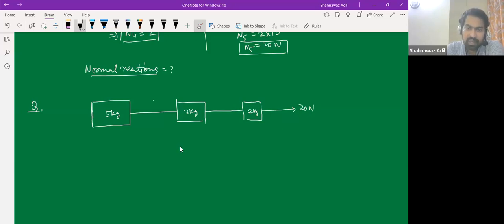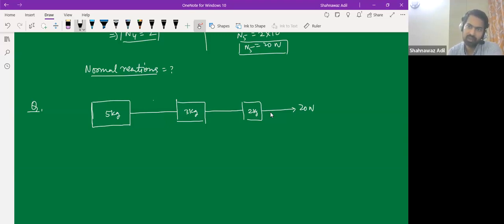If these strings are inextensible, then what can we say about the acceleration? I have already told you guys that whenever we have inextensible string, what can you say about the acceleration?